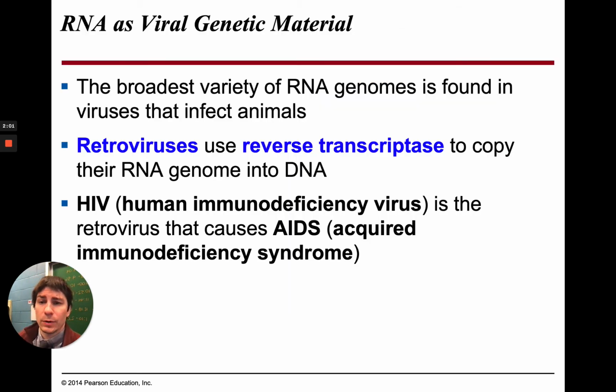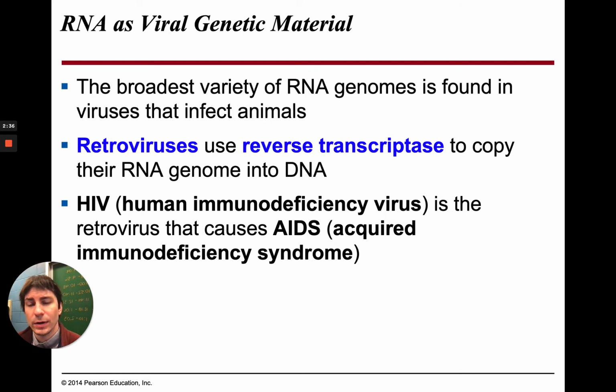Okay, so we're going to talk about retroviruses, things like HIV and AIDS. So that's a retrovirus. Now, retroviruses are going to be made of RNA. So if they're made of RNA, how are they infecting us? Because we're DNA. So if you remember, we go from DNA to RNA through transcription, and then we go from RNA to a protein through translation. So DNA to RNA is transcription, and that's the main one we're going to talk about right now.